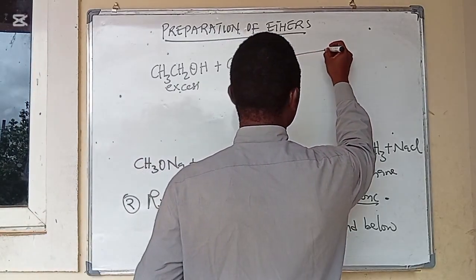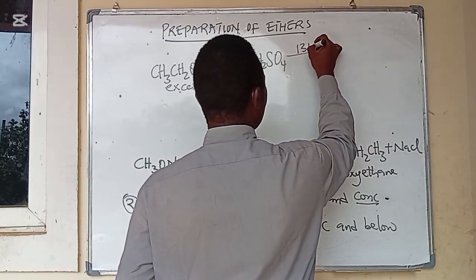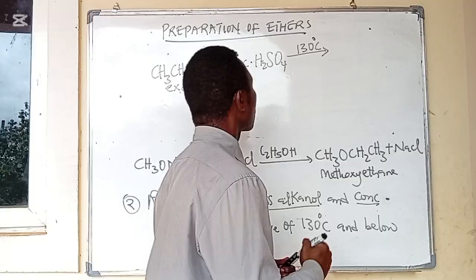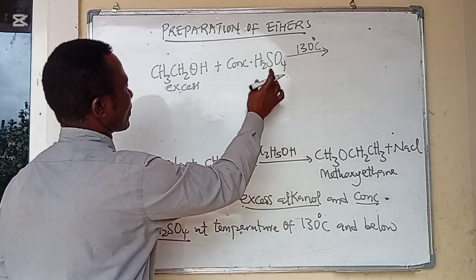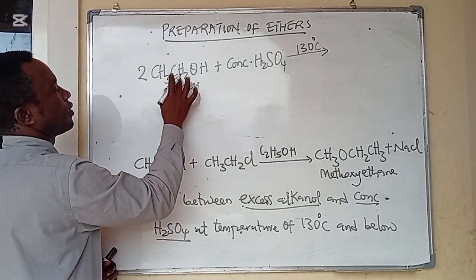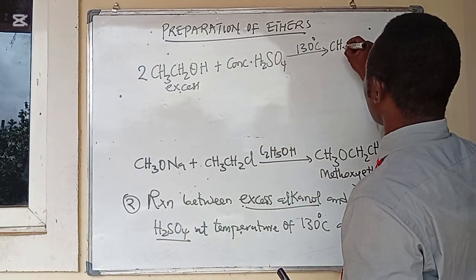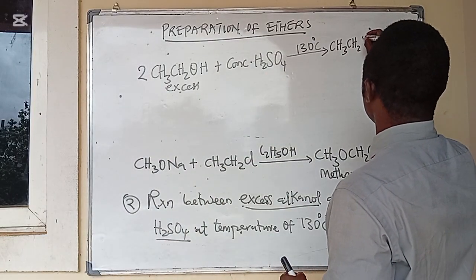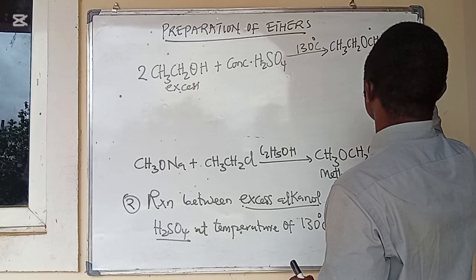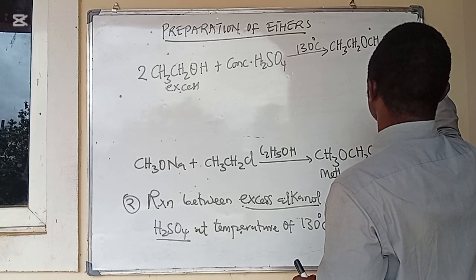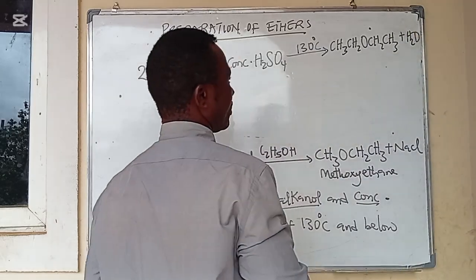Then at a temperature of about 130 degrees. So if we balance the reaction, we put 2 here. So that what we'll be having is CH3CH2OCH2CH3 plus H2O. So that is the equation.